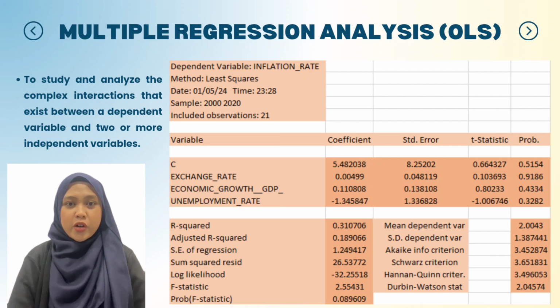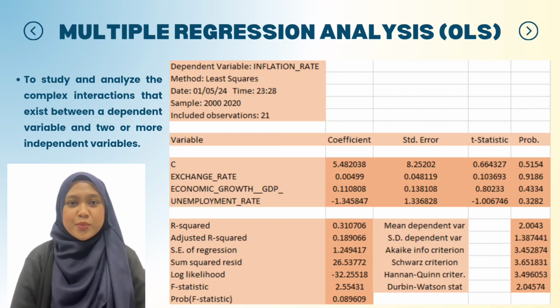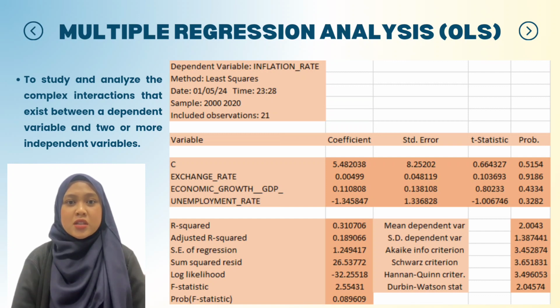For Chapter 4, I will start with multiple regression analysis utilizing ordinary least squares (OLS). OLS is used to study and analyze the complex interaction that exists between a dependent variable and two or more independent variables.